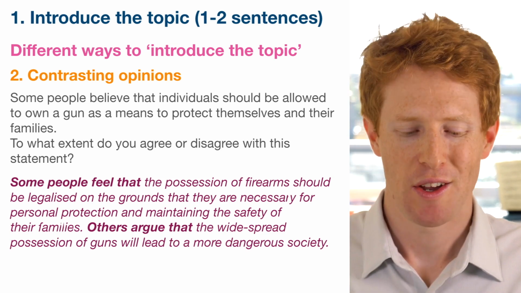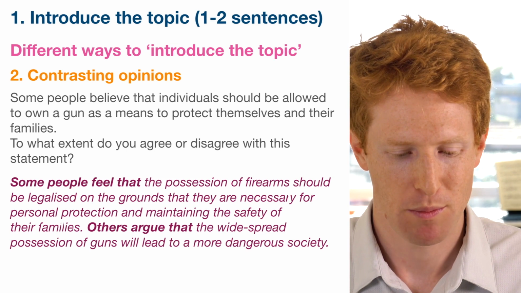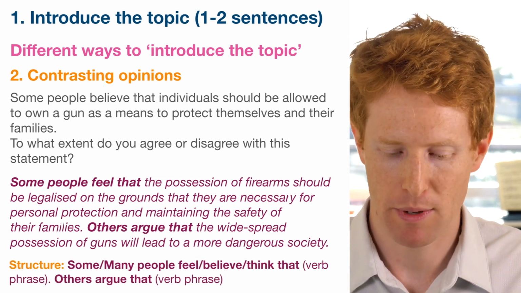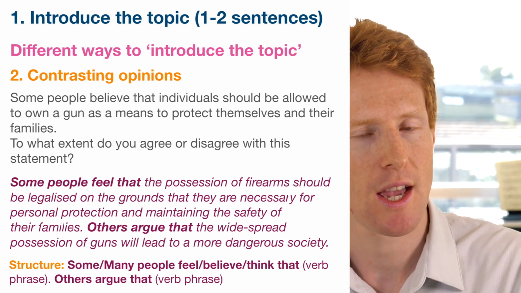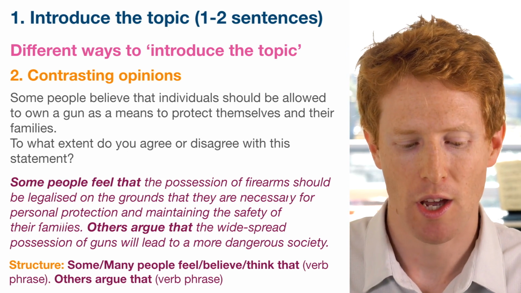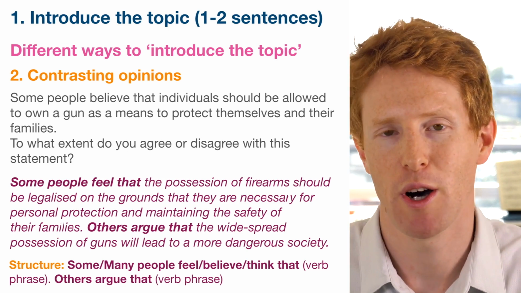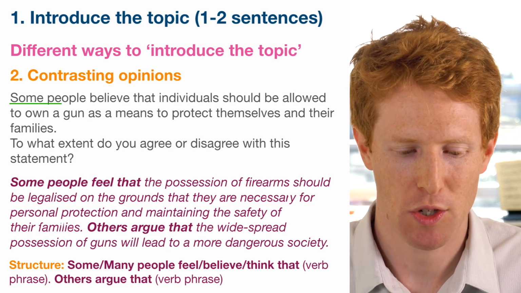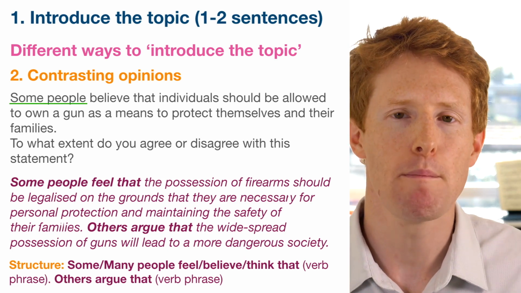Okay, so now we have a new structure. We have some or many people feel, believe, think that, and then a verb phrase, and then a new sentence that says others argue that, and then a verb phrase. Okay, and we're going to use this template structure when we have phrases like some people.